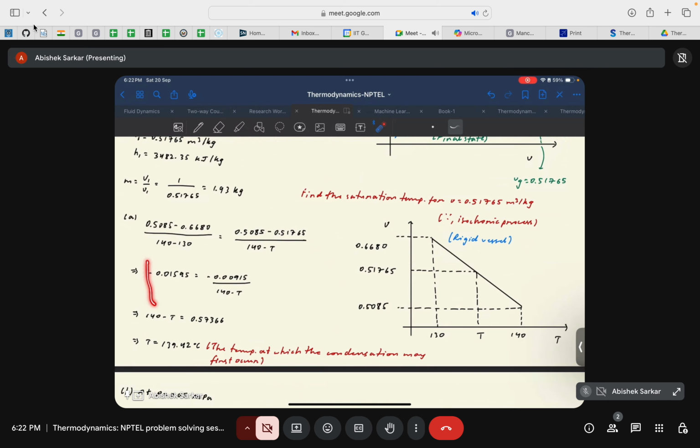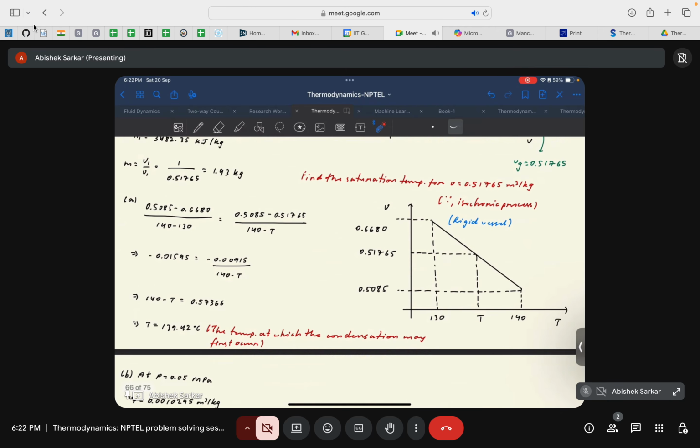If you do the calculations, you will get that T is around 139.42 degrees Celsius. As you can see, it is quite close to 140, but since we have time, it's better to find the exact temperature from linear interpolation. So the temperature at which the first condensation starts is 139.42 degrees Celsius. That's the first answer.